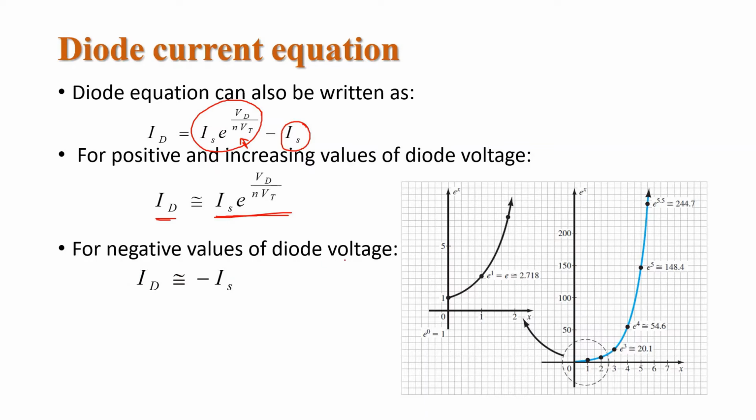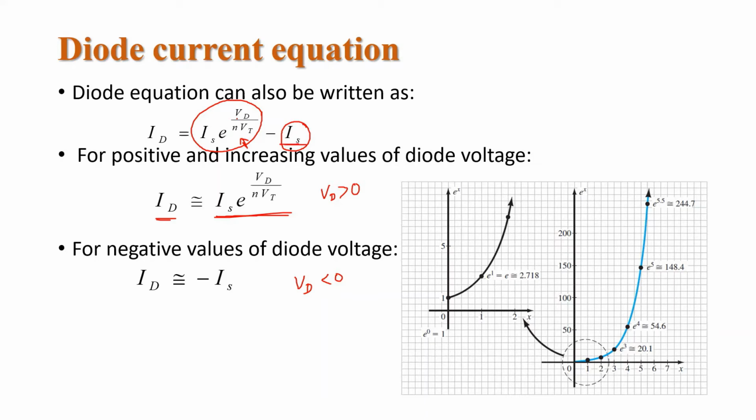Similarly, for negative values of VD, okay, this was the case when VD was positive. Now in the second case, when you take VD to be negative, the first term becomes very small compared to the minus IS term, the second term.